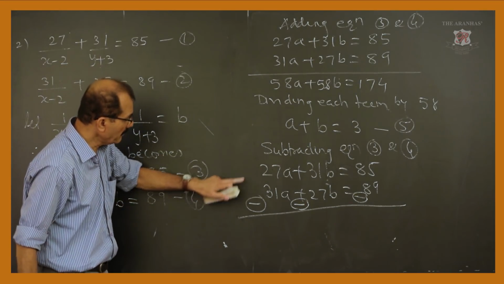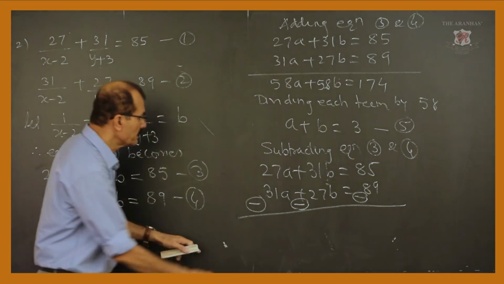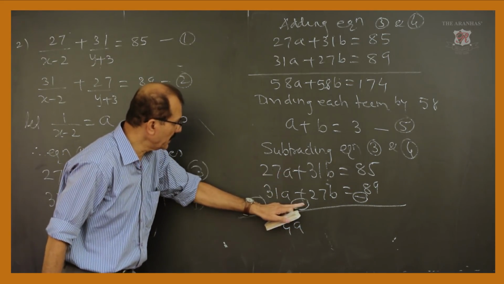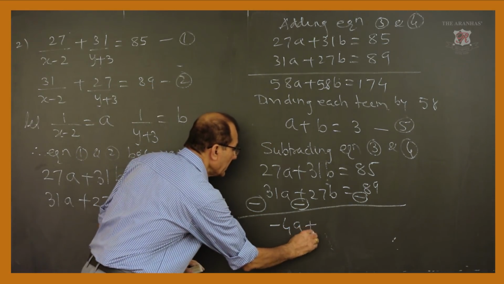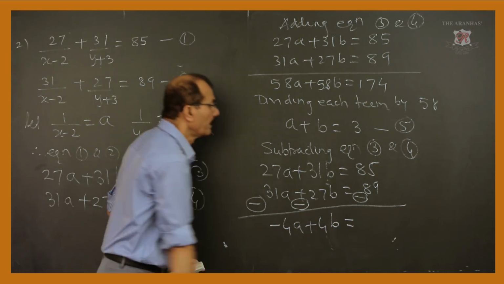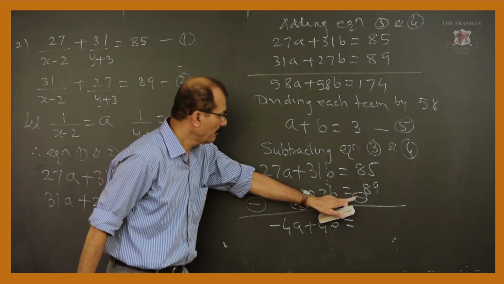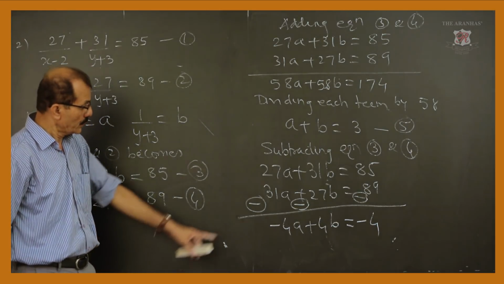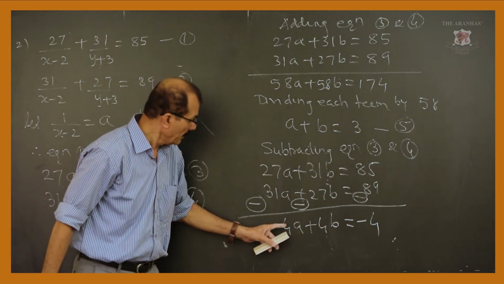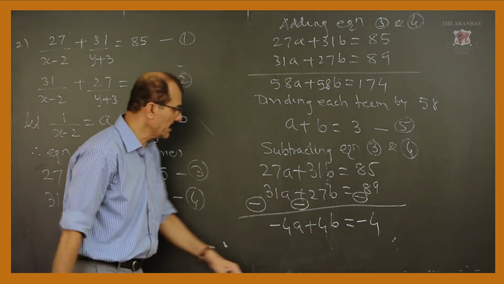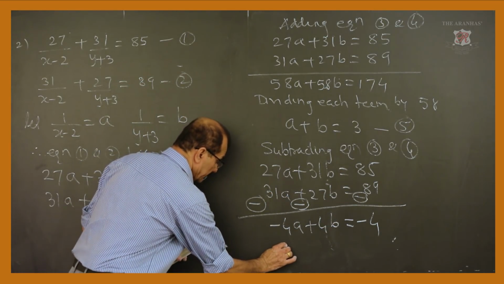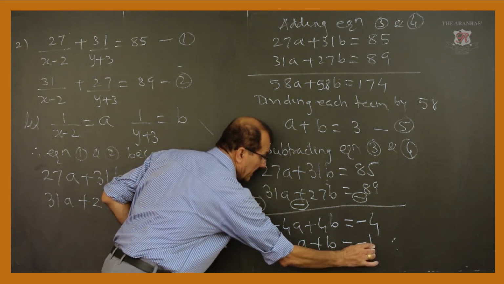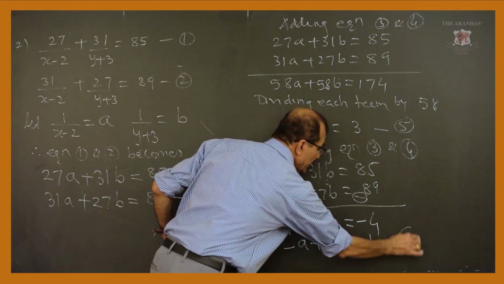Now, 27 minus 31 gives me minus 4a, plus 31 minus 27 gives me plus 4b, and here 85 minus 89 gives me minus 4. So, dividing each term by 4, I will get minus a plus b is equal to minus 1. This is my equation number 6.